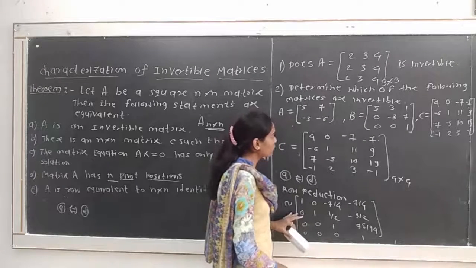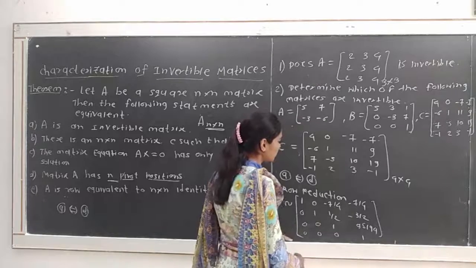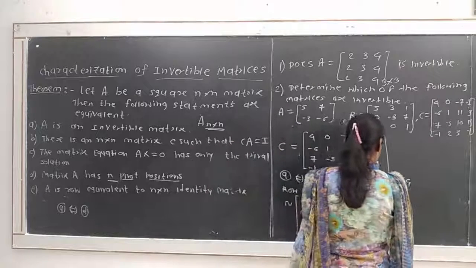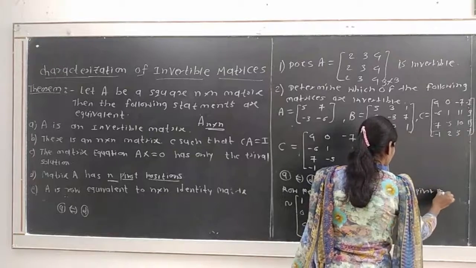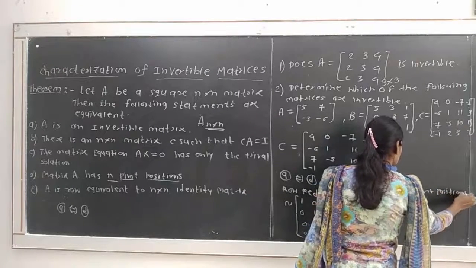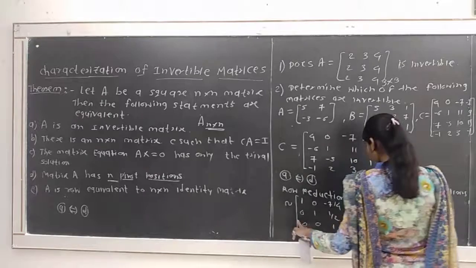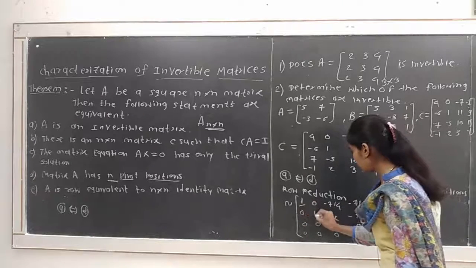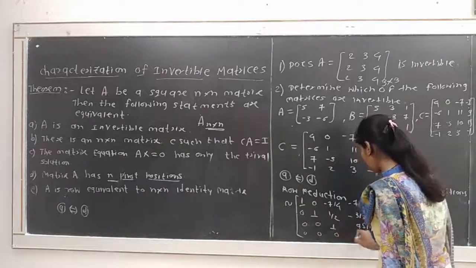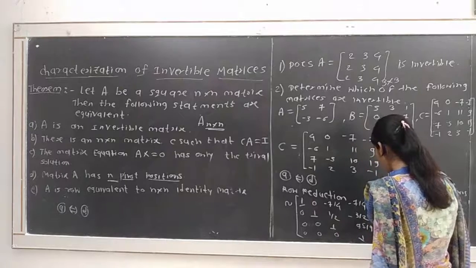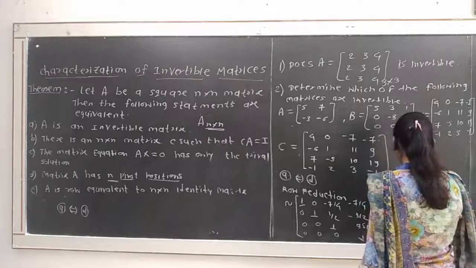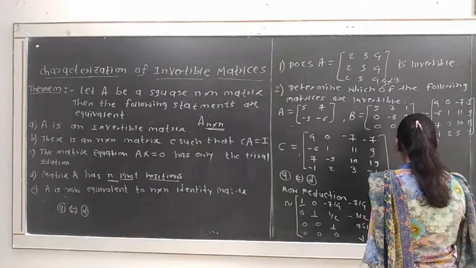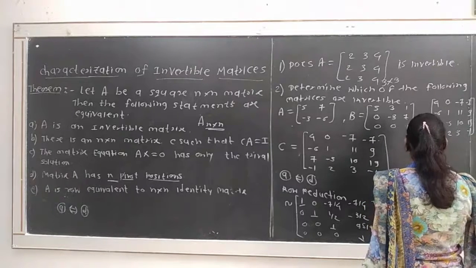Then we count the number of pivot positions in this row echelon form, which are 1, 2, 3 and 4. So the number of pivot positions is equal to 4, and that is equal to the order of the matrix.